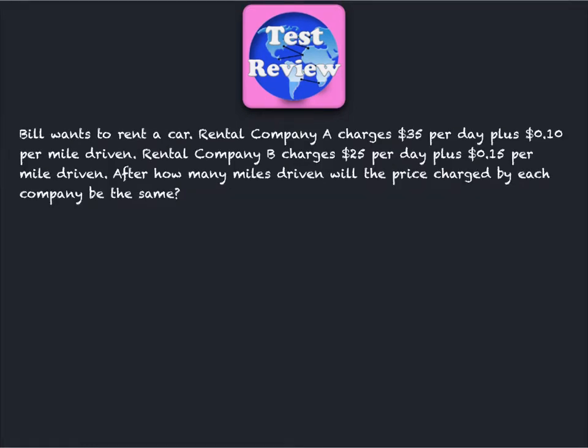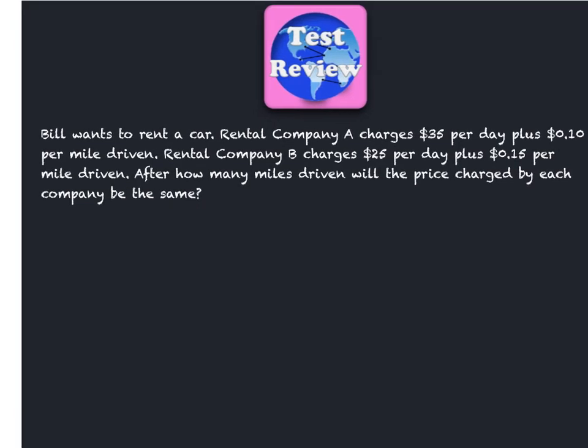Okay, again, I recommend that you please pause this video and try to work this out on your own before you watch me do it. Here it says Bill wants to rent a car. Rental car company A charges $35 per day plus 10 cents per mile.